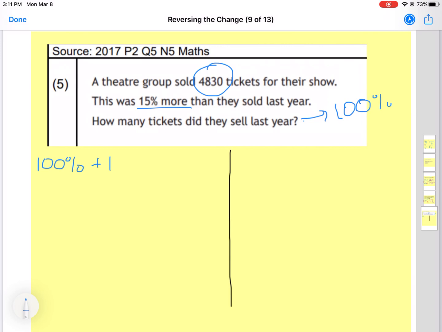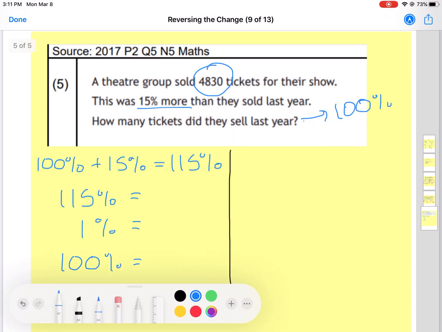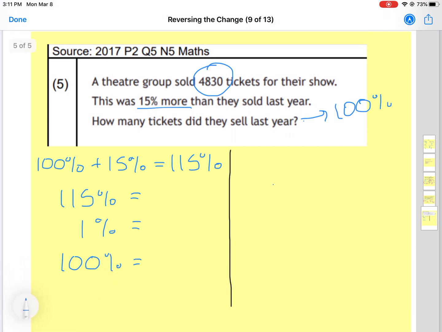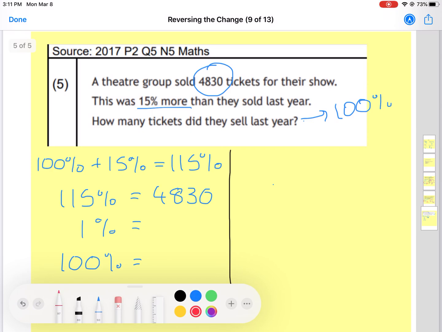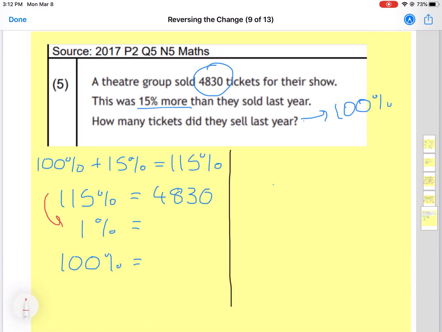So to get this year's value, we have added on 15%, total of 115%, and we can work down our flowchart to find the 100. So 115, 1 goes in the middle, and our aim is to get to that 100%. 115% is equal to the number in the question for this year's value, which is 4,830.